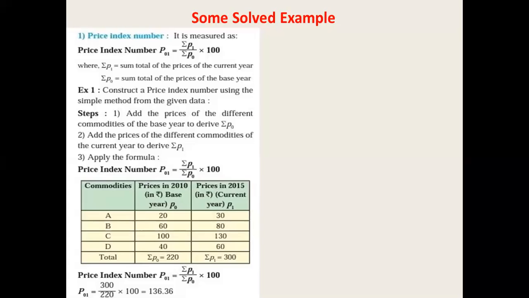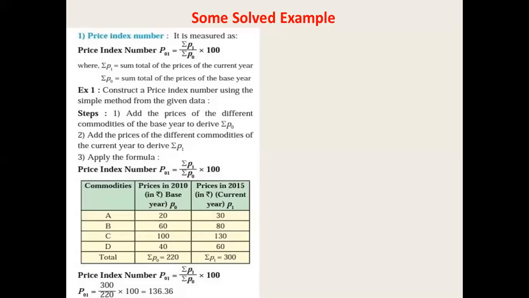Let's apply the formula. P01 is equal to summation of P1 upon summation of P0 multiplied by 100. We assume that the base year price index is 100, so that's why we multiply by 100. So P01 is equal to 300 upon 220 multiplied by 100.